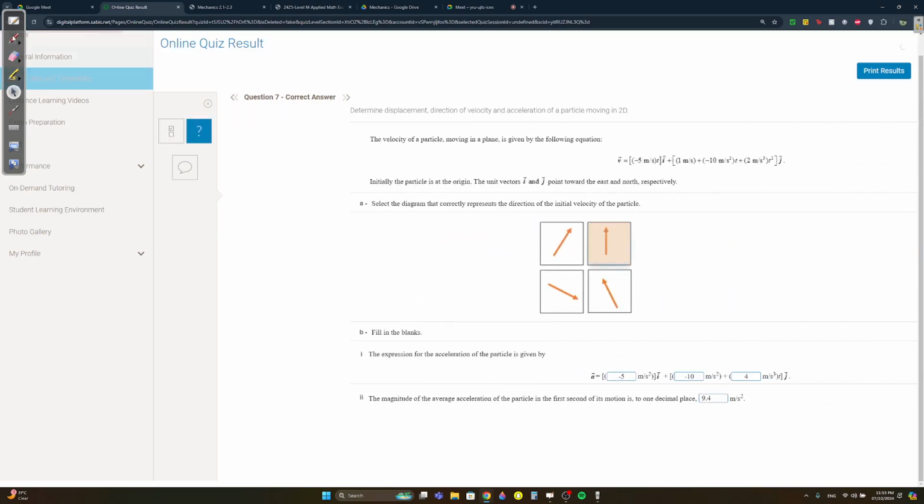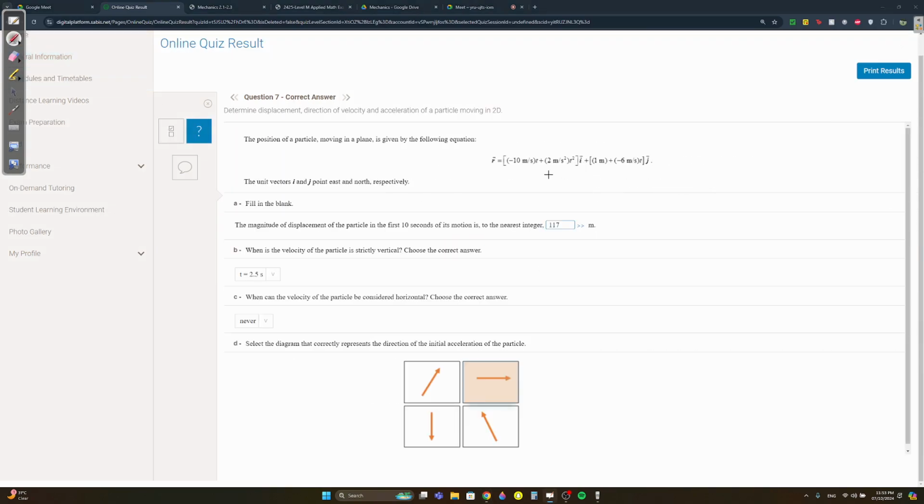Okay, question 7. Again, they gave you a position vector. The magnitude of displacement in the first 10 seconds is what? Displacement, again, first 10 seconds, so between 0 and 10. So we're going to do r of 10 minus r of 0. Let's see.